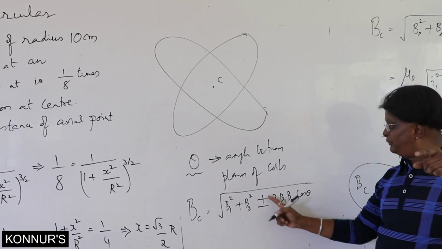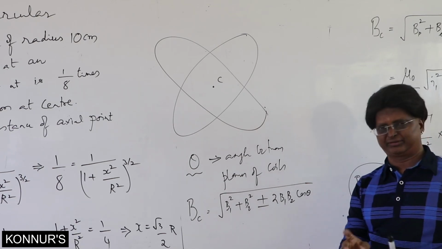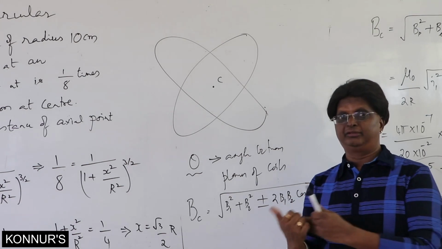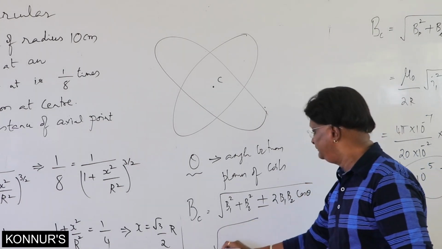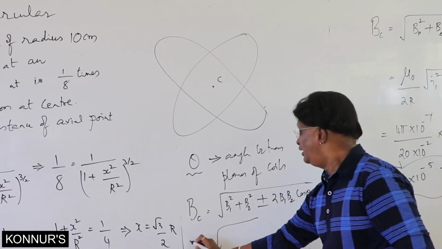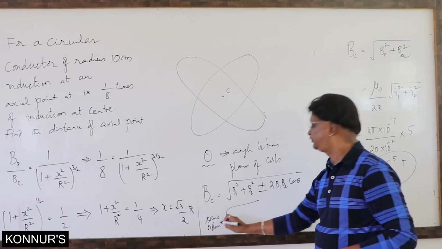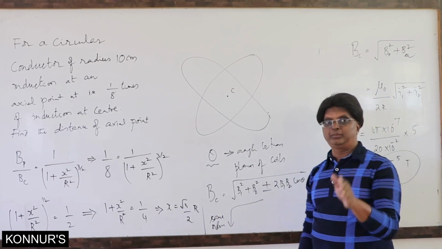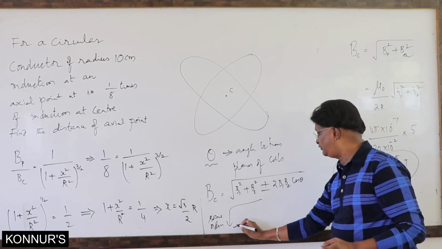When do we get this positive or negative convention? That I am now writing here, because I have already used the right hand rule and drawn the vectors. In the case of the same order of current, both P and Q carrying currents in the same order, both clockwise or both anti-clockwise, then we use the positive sign.